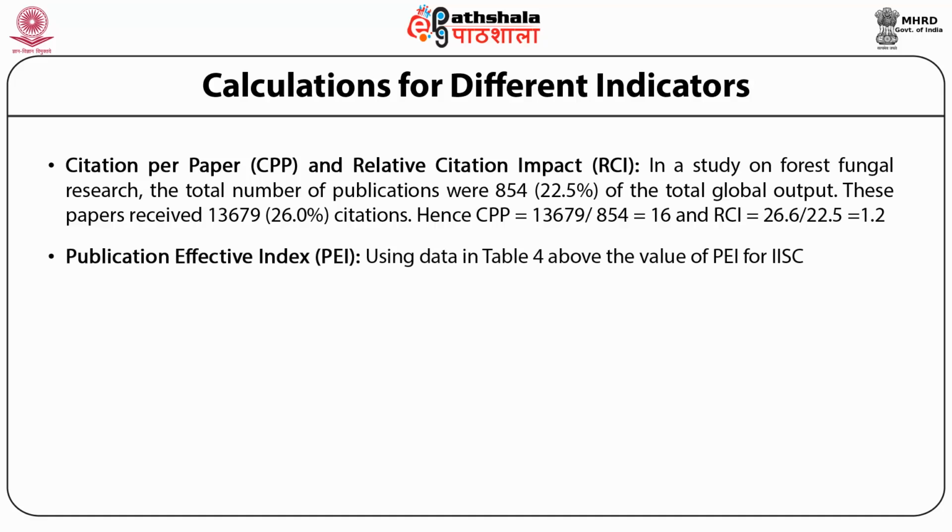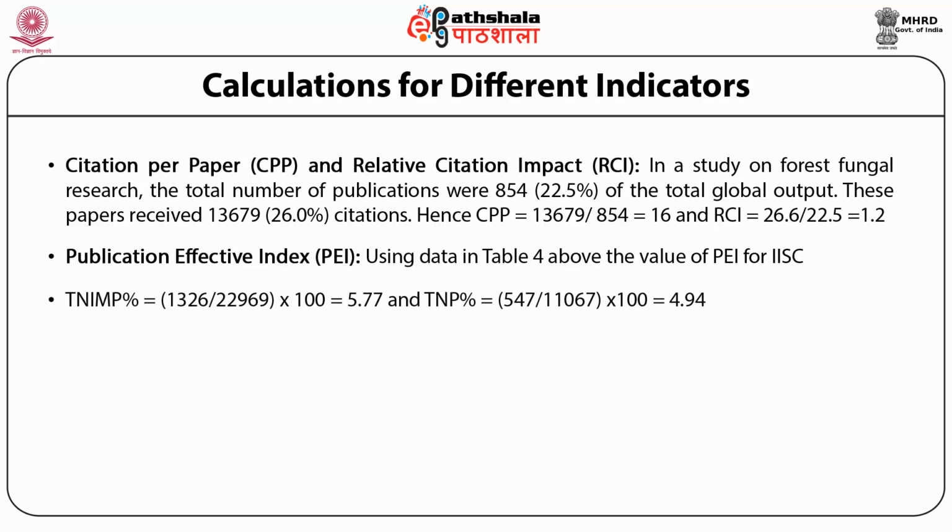Publication effective index. Using the data in table 4 above, the value of TNIMP percent for IISc is equal to 1326 upon 22,969 into 100 is equal to 5.77 and TNP percent is equal to 547 upon 11,067 into 100 is equal to 4.94.